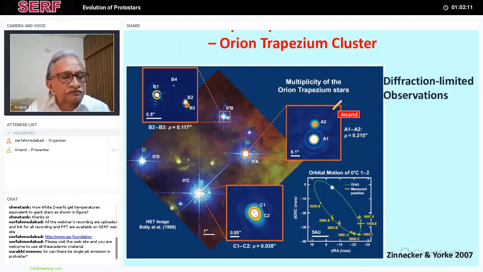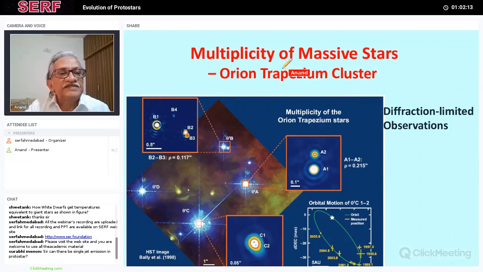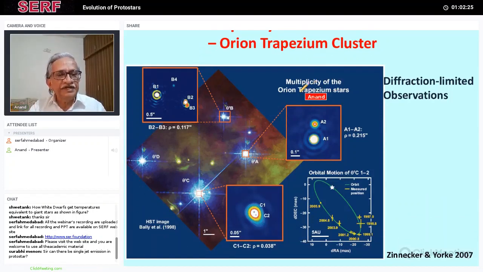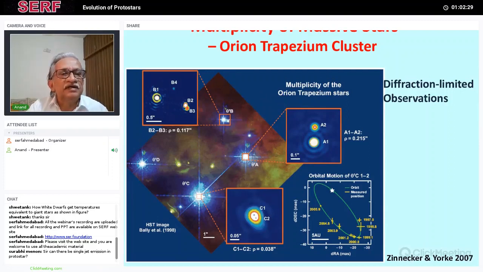Now, I have said this already that massive stars normally, I mean, in many cases, have multiple systems. They are multiple systems. The Orion trapezium cluster astronomers have studied, and they have found that a large number of massive stars do have companions.